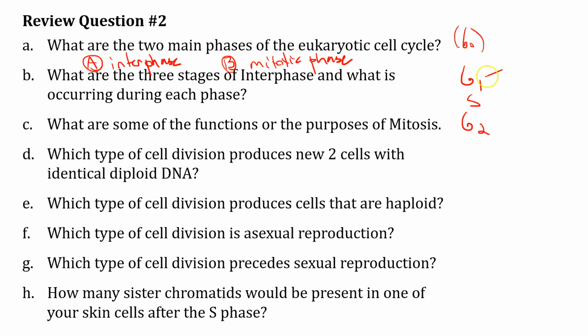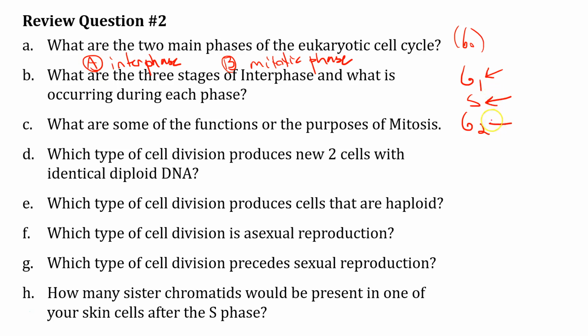In G1, we have the accumulation of building blocks, the accumulation of energy. In the S phase, we have the duplication of all of the DNA, so a lot of DNA is synthesized. That's going to use up a lot of those resources that we gathered in G1, and now we're going to need to replenish that energy that was expended during that process.